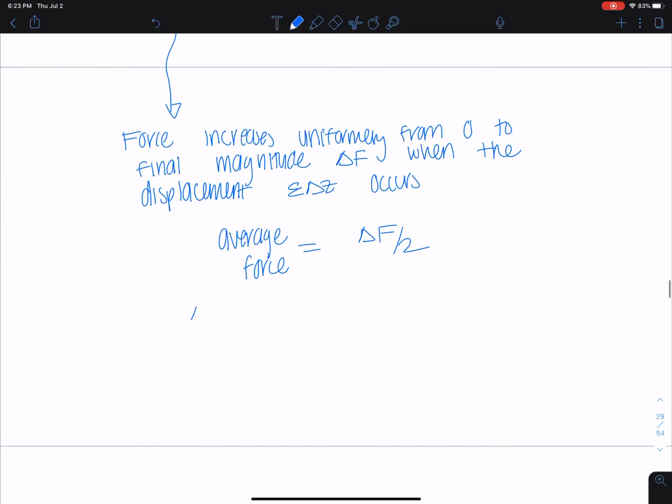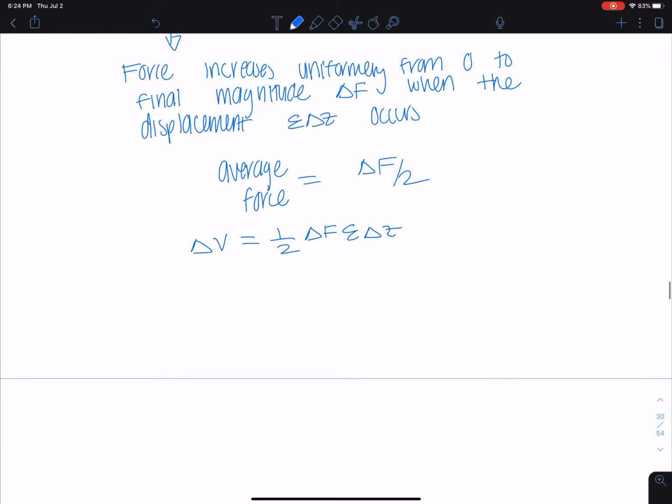And now we have delta V, which is, this is our internal energy equal to the external work. That's what we're going to do here. So the work is equal to 1/2, that 1 over 2 delta F, epsilon delta Z. We're plugging everything in. And now we can say this is really just sigma delta X delta Y epsilon delta Z. And we know that delta V is equal to delta X delta Y delta Z. Sorry, this is delta U, internal energy.